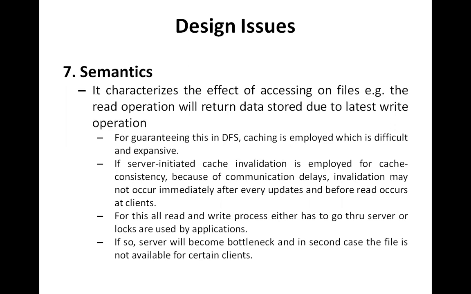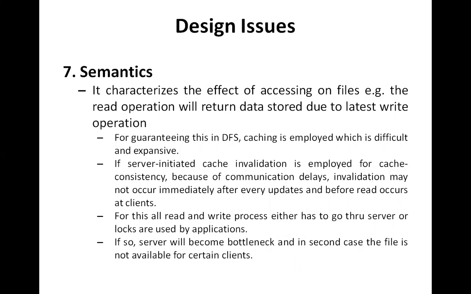And the second approach, in which we disallow, either by the server or by the user, the use of locks by the application, creates a problem that the file may not be available to certain clients.